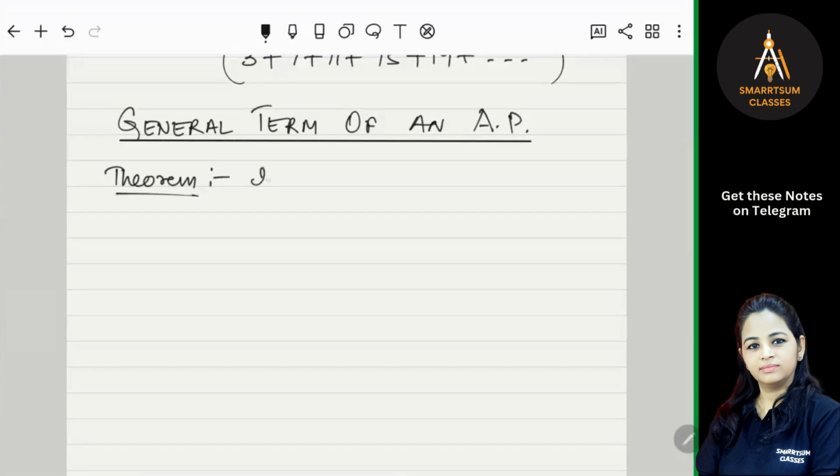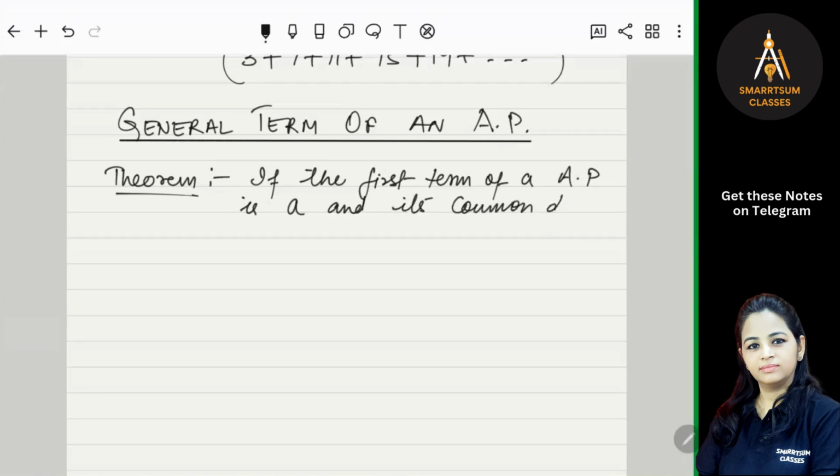if the first term of an AP is A and its common difference is D, okay?